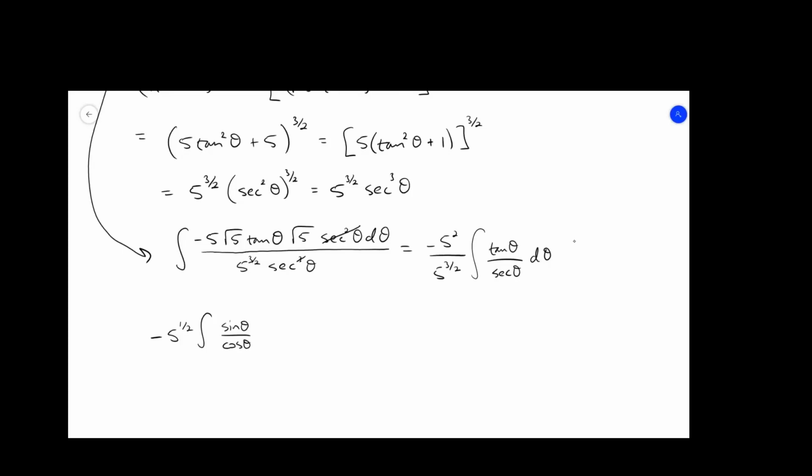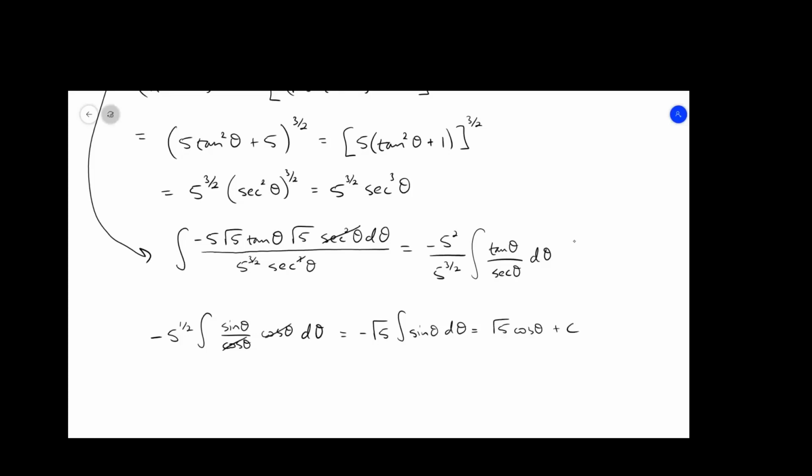And then that secant, we can write that as cosine in the numerator, right? So that's just going to become cosine. And then look what happens there. Well, then those cosines cancel. And all we're left with is just the integral of sine, which is pretty nice. Root 5 integral sine. Well, that one we don't even have to do anything fancy because we know what the integral of sine is. It's negative cosine, so we're going to get negative root 5 cosine theta.